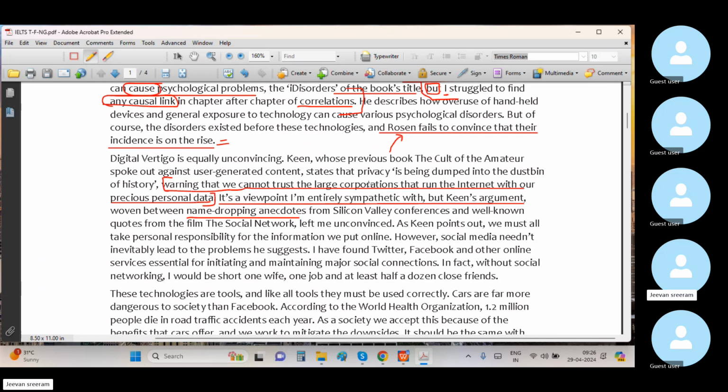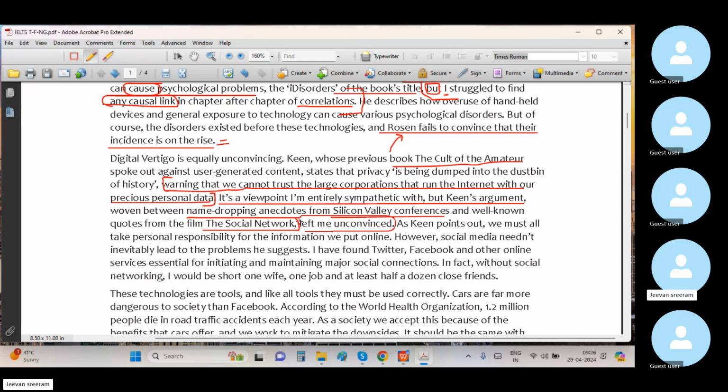From Silicon Valley conferences, what he listened to, he just included in his book, like Cult of the Amateur. In his book, he has just included what he heard at the Silicon Valley conferences and also well-known quotes from movies, The Social Network. Movies of social network. Left me unconvinced.